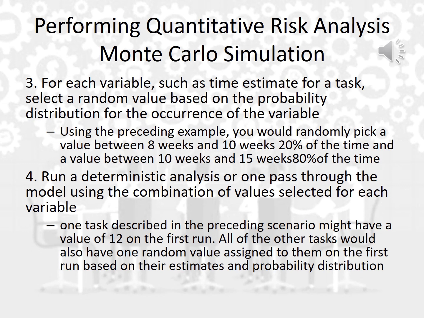Why? To obtain the probability distributions of the model's result. So here I have to run step number 3 multiple times, which means from the first time I have to select a random value for both percentages. For step number 4, again, I have to run it and have the combinations of these values to run a deterministic analysis.